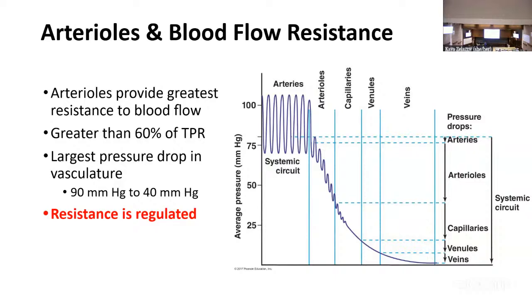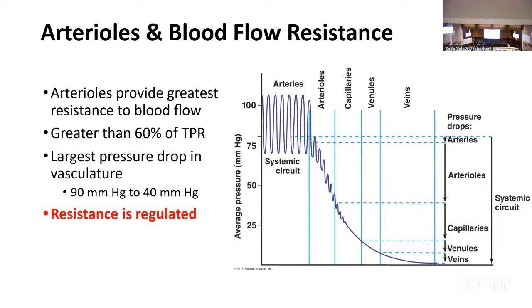Okay. Those arterioles, as we start to have that pressure drop, are going to be responsible for the majority of the resistance in your systemic circuit. So they're about 60% of TPR. A reminder, TPR was our total peripheral resistance. So total, all of it, peripheral, out at the edges, resistance.